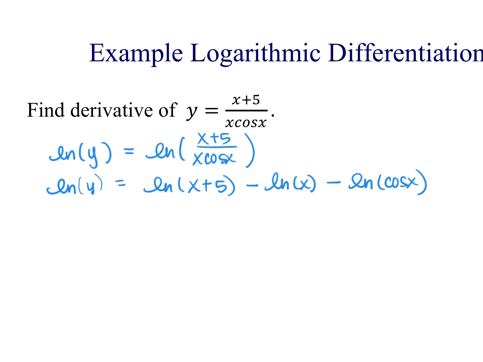The next part is the differentiation step, which means you're going to apply the log rule to every piece, because every piece is a log. So it'll be 1 over y times dy/dx.